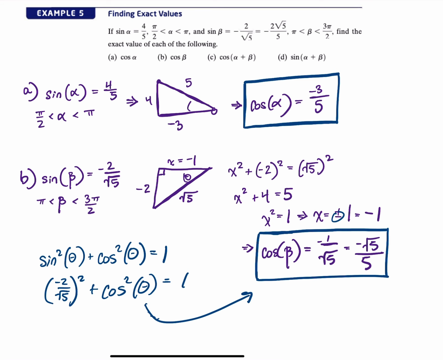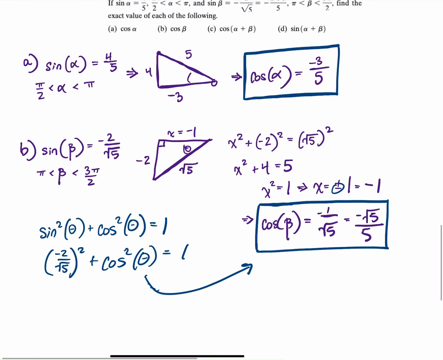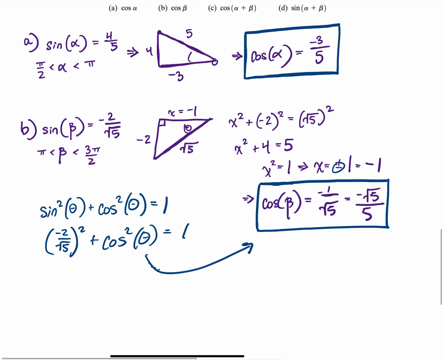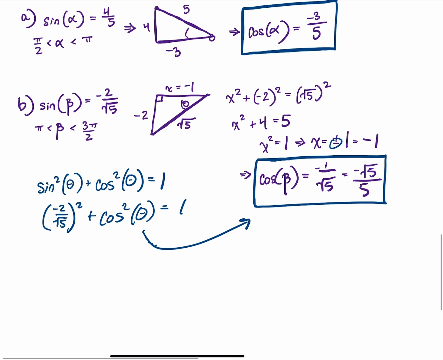All right, let's continue. Notice now we know sine of alpha and cosine of alpha. We know sine of beta and cosine of beta. So we can answer any angle addition or subtraction formula involving alpha plus beta or alpha minus beta. So part C asks for cosine of alpha plus beta.